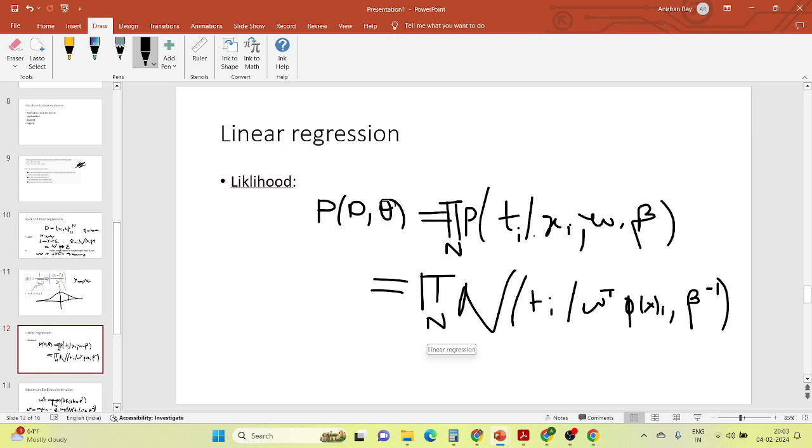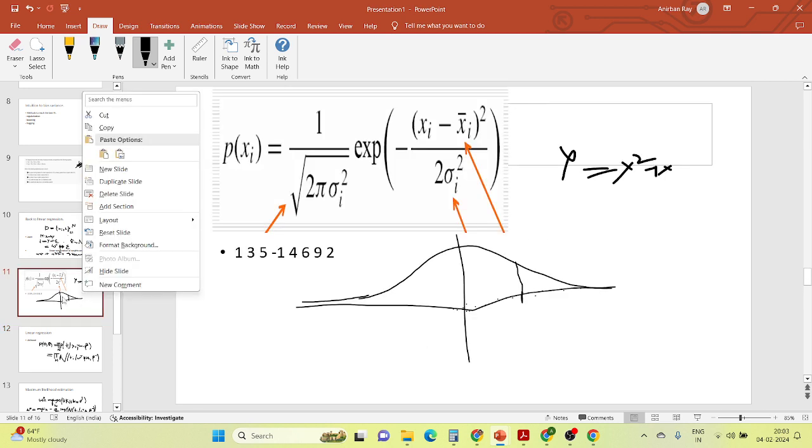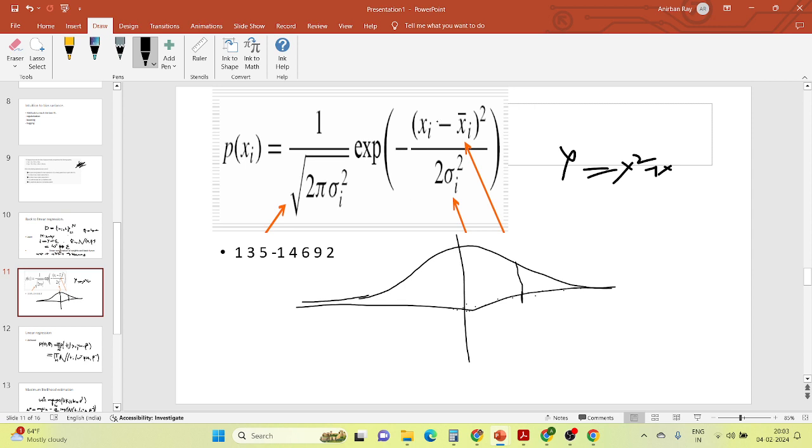So we get the normal distribution having precision beta inverse and mean w transpose phi x, over these ti examples. The variable here is ti, whereas here the variable was xi.